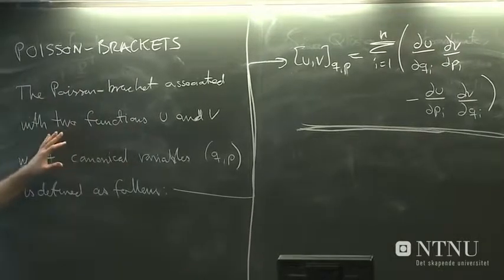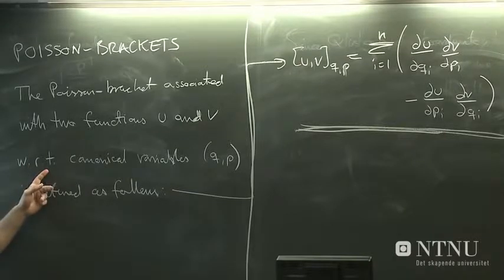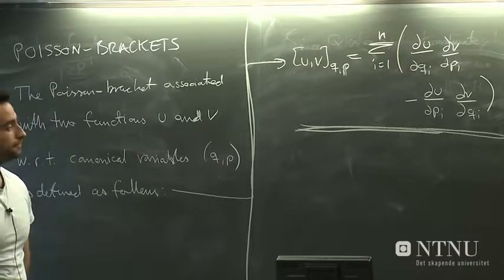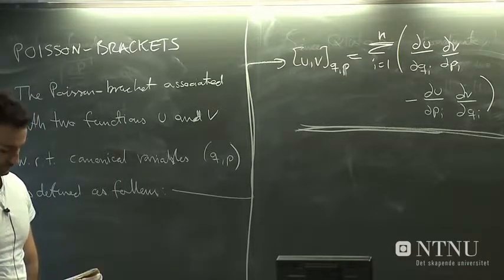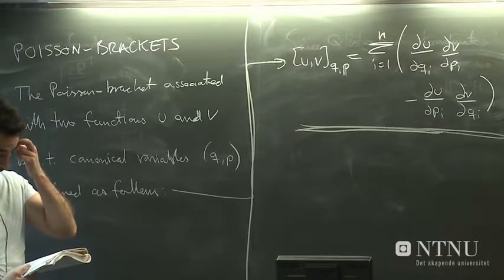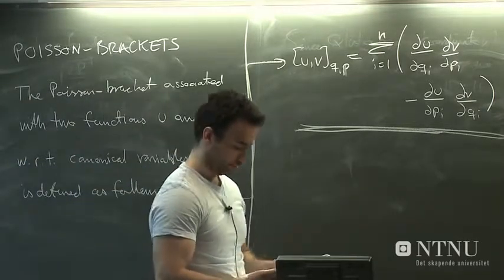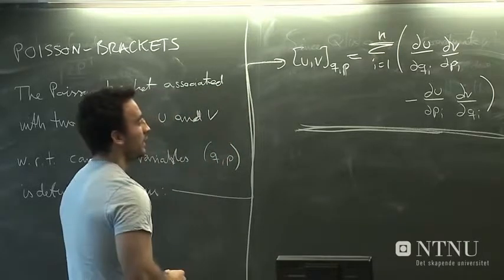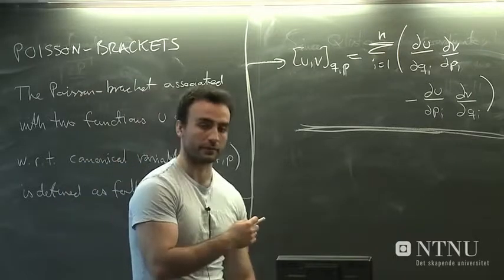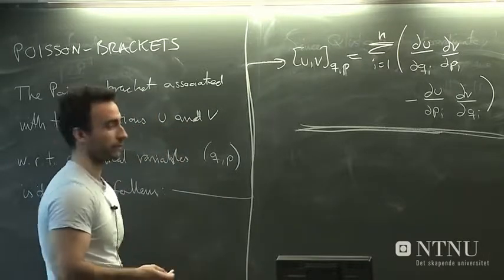So the Poisson bracket associated with two functions u and v with respect to canonical variables q and p is defined in the following way. One property that immediately follows from this definition is that it's anti-symmetric.